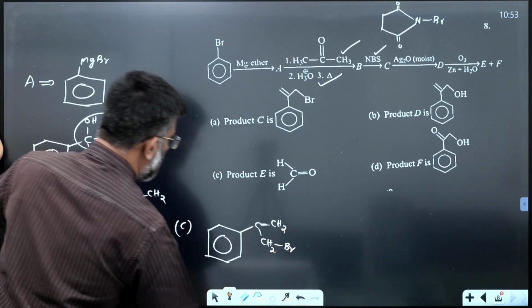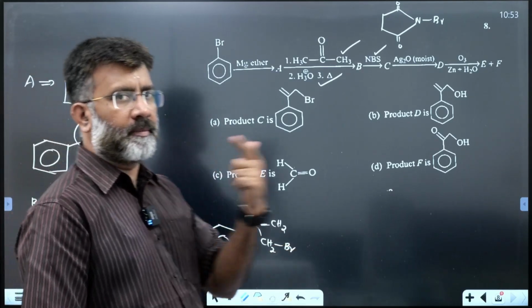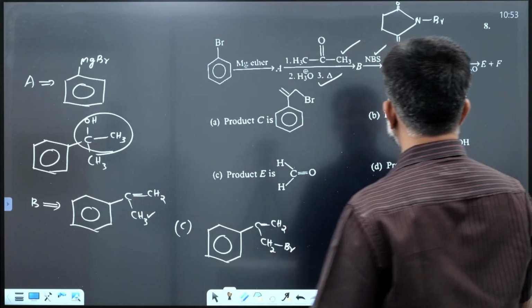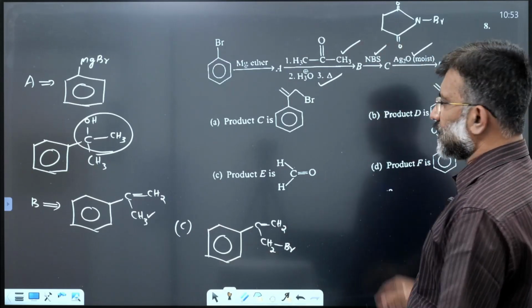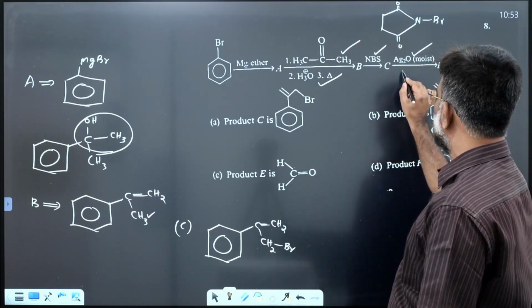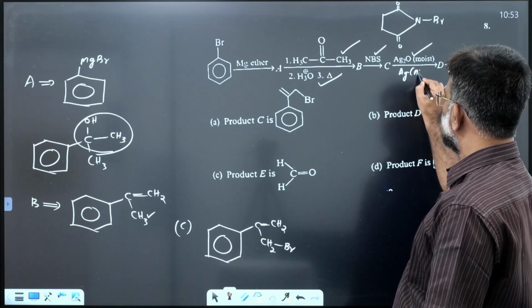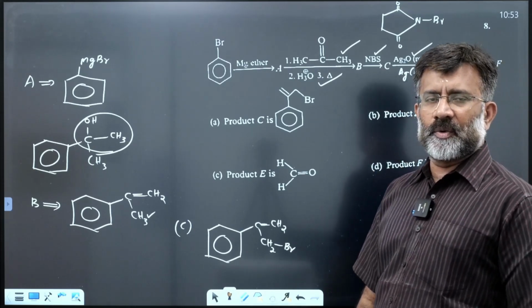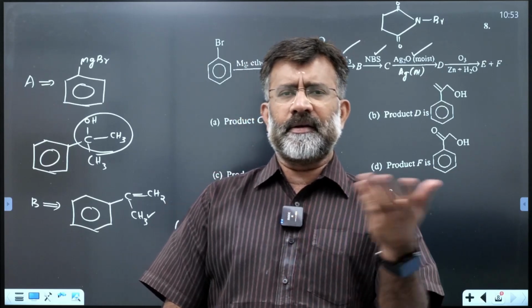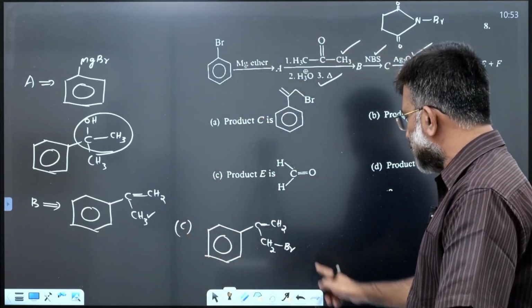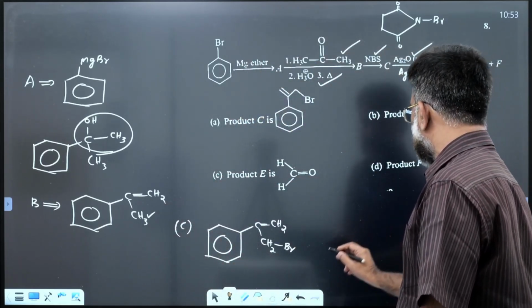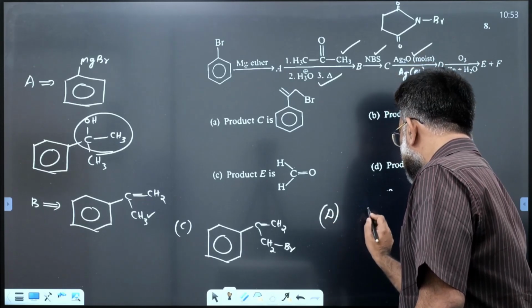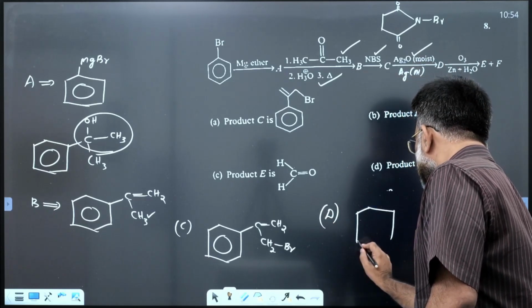At the allylic carbon, there will be bromine coming. That is compound C. And now with moist silver oxide, which is equivalent to silver hydroxide, it gives a solvolysis reaction. That bromine will be replaced by OH, and that is D. Compound D will have OH.